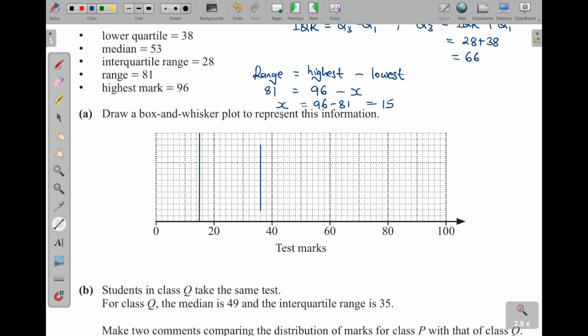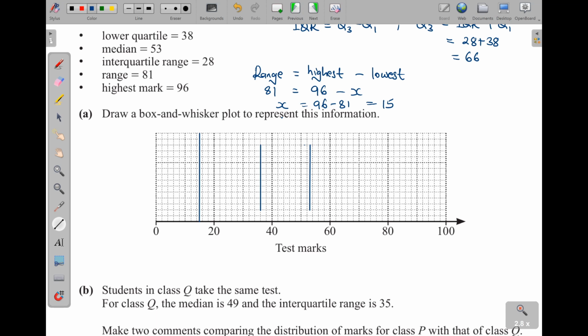Then the median is 53. So this is 50. Then 53 is going to be 1.5 here. So it is going to be here. That is 53. And then next is the upper quartile. Upper quartile is given as 66.